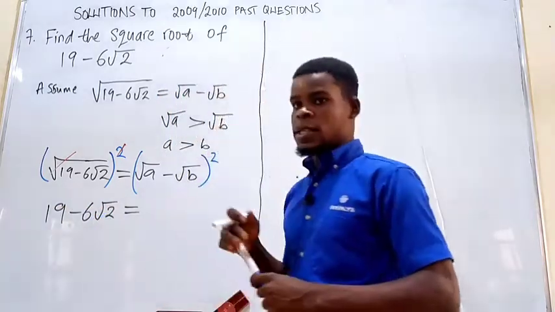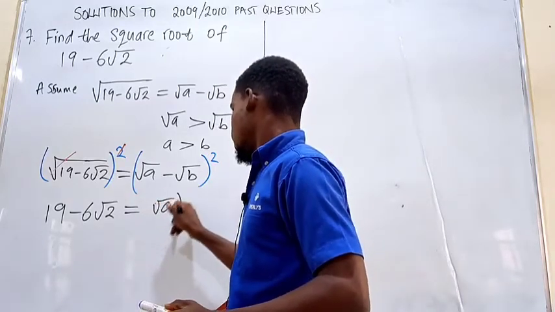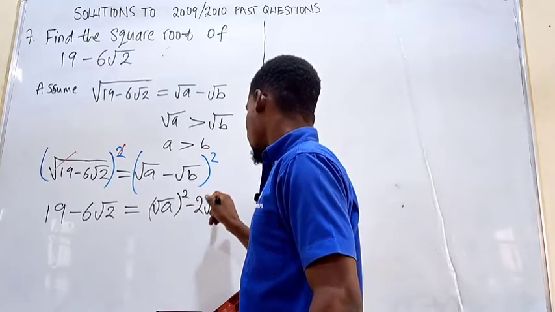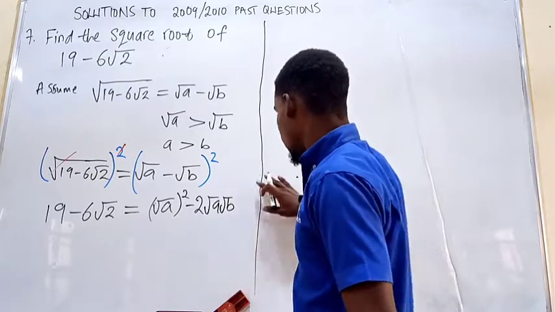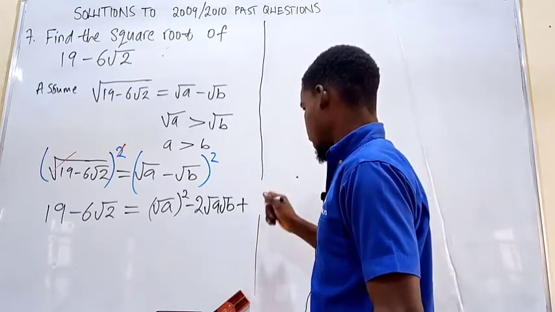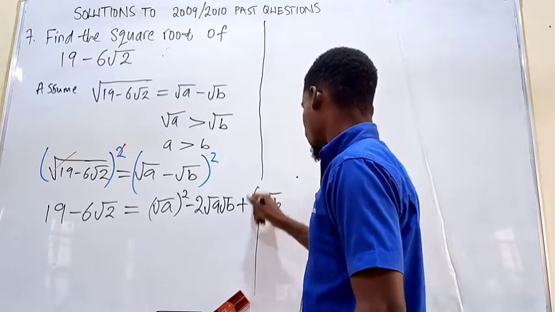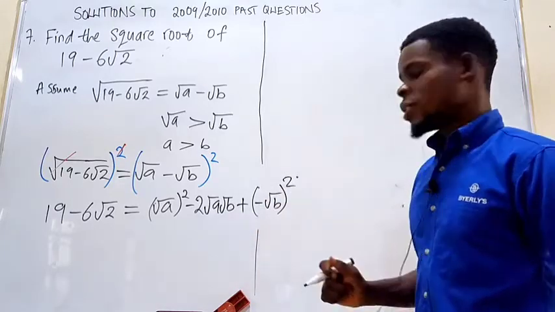Then on this right hand side, we're going to have the square root of a squared minus 2 times the square root of a times the square root of b, then plus the negative square root of b, and we're going to go ahead and square that. Okay, so that's just it.